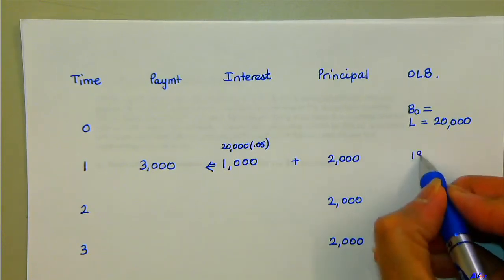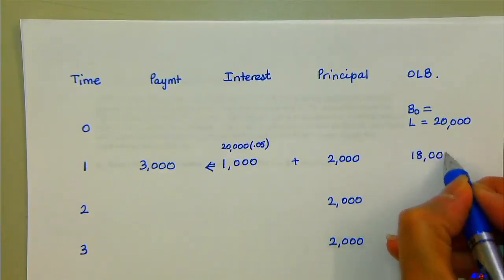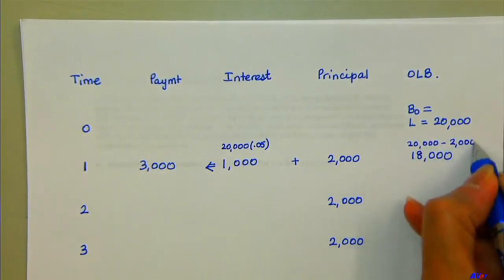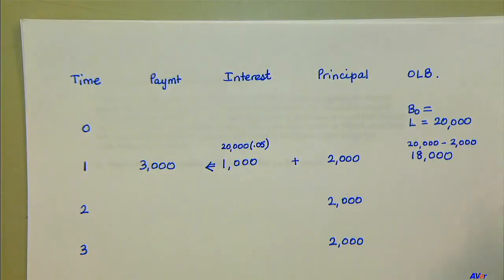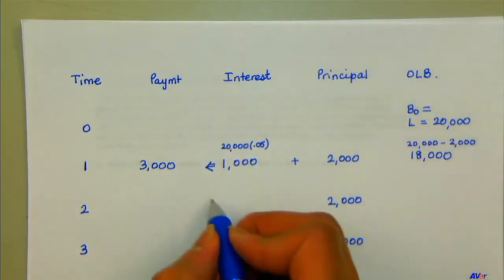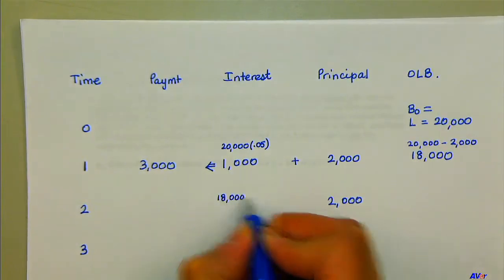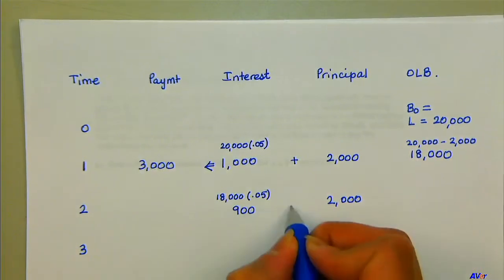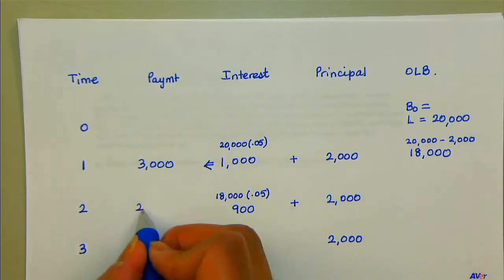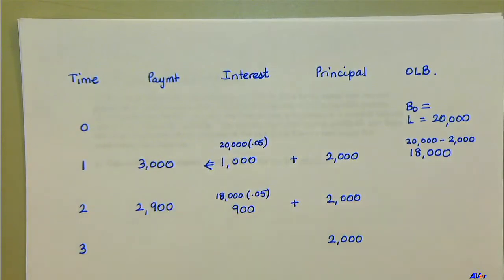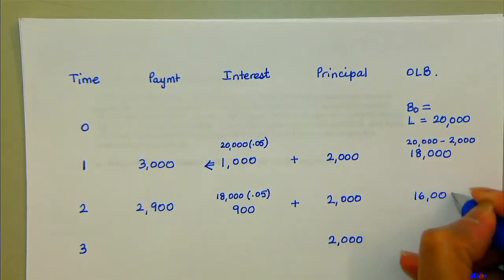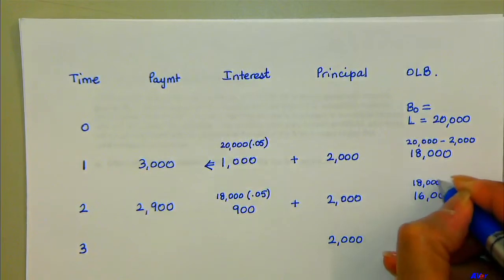So this would be 18,000. Do it again. Now my OLB is 18,000, so the interest will be 18,000 times 0.05, $900. So the total payment was $2,900. And the outstanding loan balance at the end of time 2 is $16,000. It's just 18,000 minus 2,000.